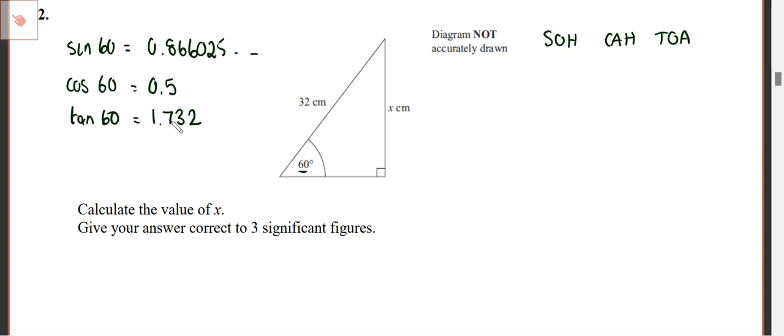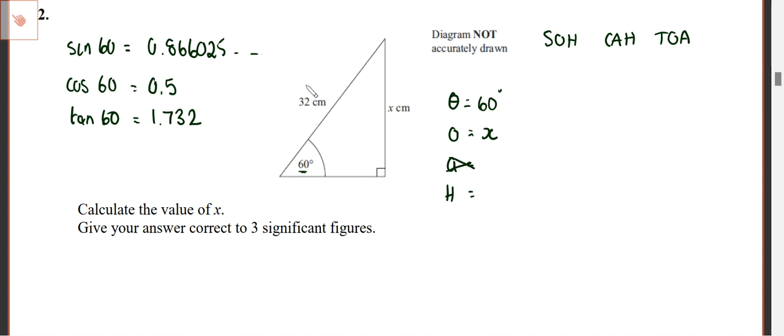Alright, so I can use one of those numbers to work out these sides. It's just about which one do I use. Theta being 60, we've got these numbers. But do I know the opposite, the adjacent, or the hypotenuse? The opposite is x again. The adjacent? Don't need it, don't want it, cross it out.